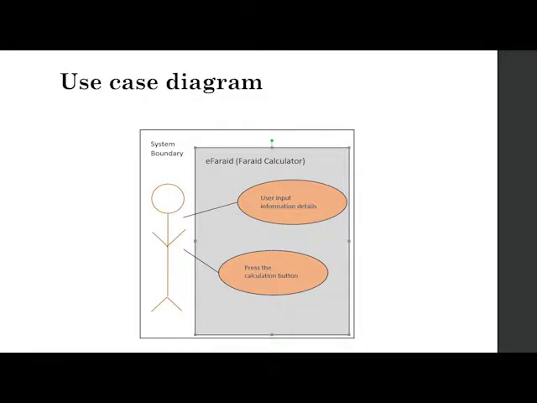The first step is the user will input the information details, and the second step is the user will press the calculation button, and that's it. You get the exact amount of what the asset will be divided into.